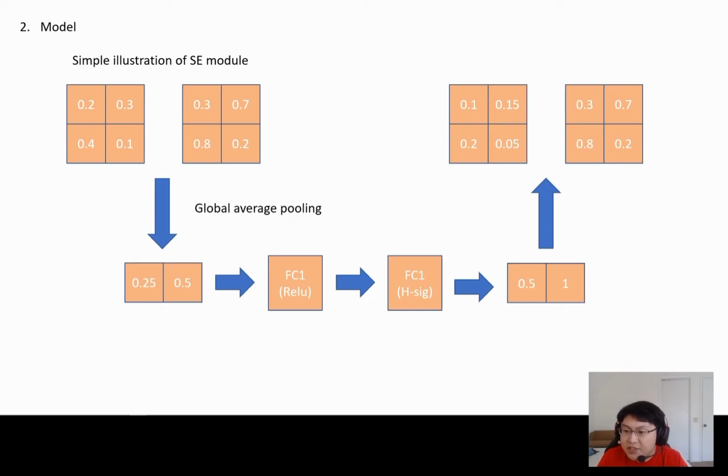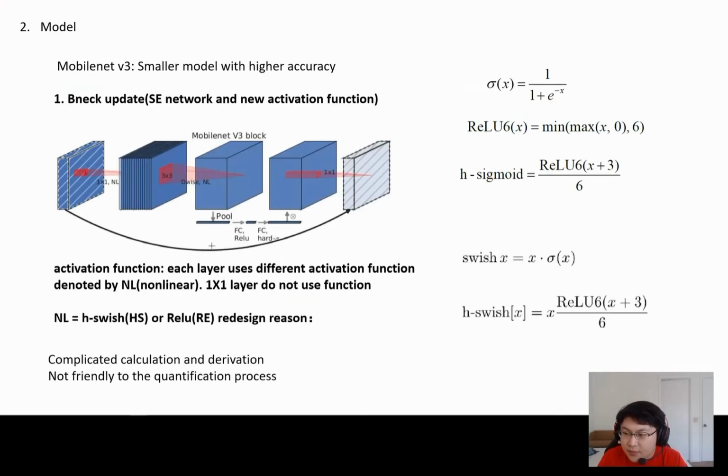The output vector represents the weight of each feature map channel. As for activation, each layer uses a different activation function, simply denoted by nonlinear. The 1 times 1 layer does not use an activation function.